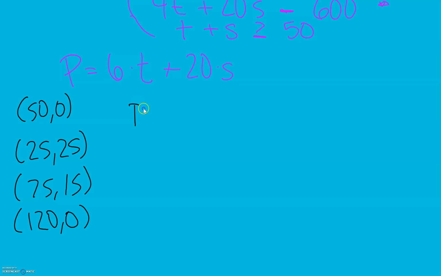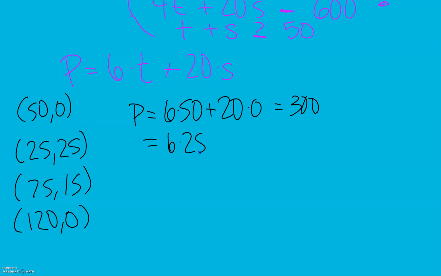I'm going to plug them into our profit function, which again is our profit for t-shirts, $6, and our profit for sweatshirts, $20. And I'm just plugging in my x's and my y's to each point.